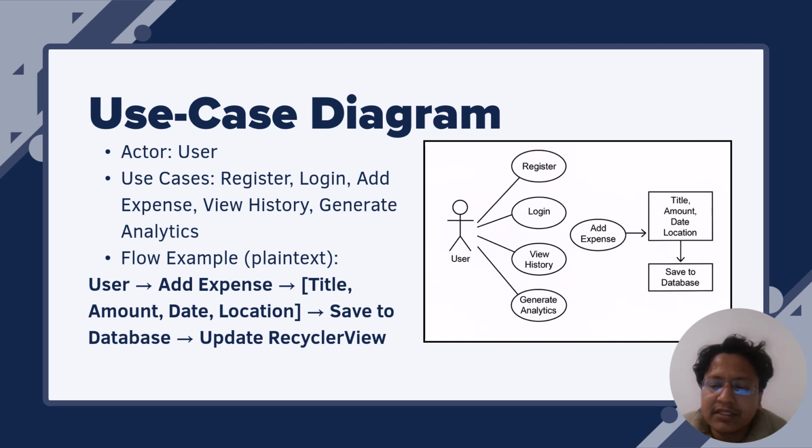This flow ensures Personal Expense Tracker behaves like a helpful assistant, not a rigid tool. Every interaction is designed to feel natural, whether you are tracking a vacation expense or a grocery item.